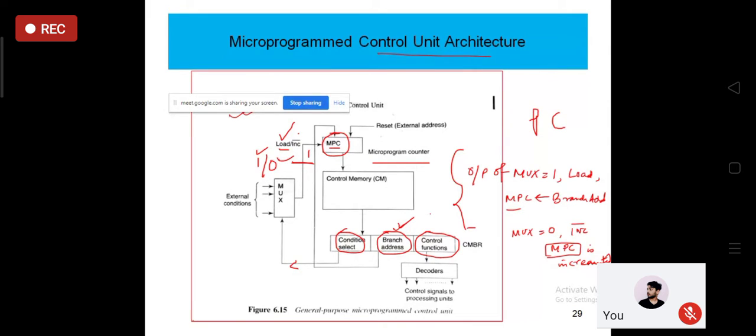What is carried forward from here is the branch address; maybe some jump instruction is there, or you have some load instruction. Then those instructions, JMP, you have seen the different types of addressing modes. You have not studied the addressing mode, right?